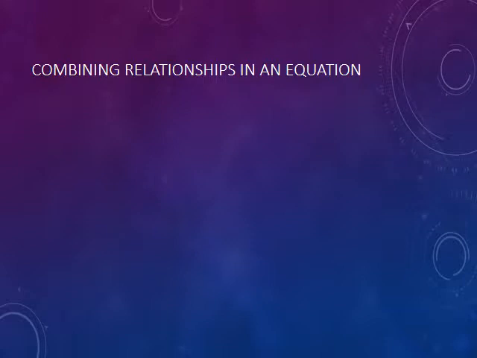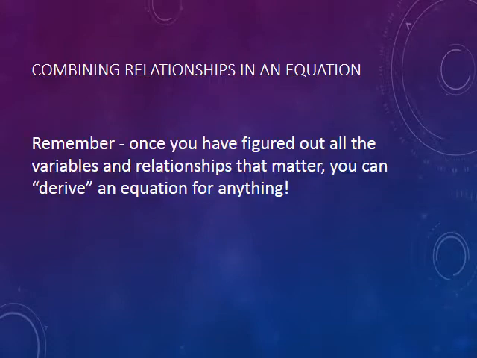So finally, we're going to take those two ideas, that there is a linear relationship between distance and time and distance and velocity, and we're going to combine those two ideas to make our own equation about distance. Remember that once you've figured out all the variables in a relationship, you can derive an equation for anything.